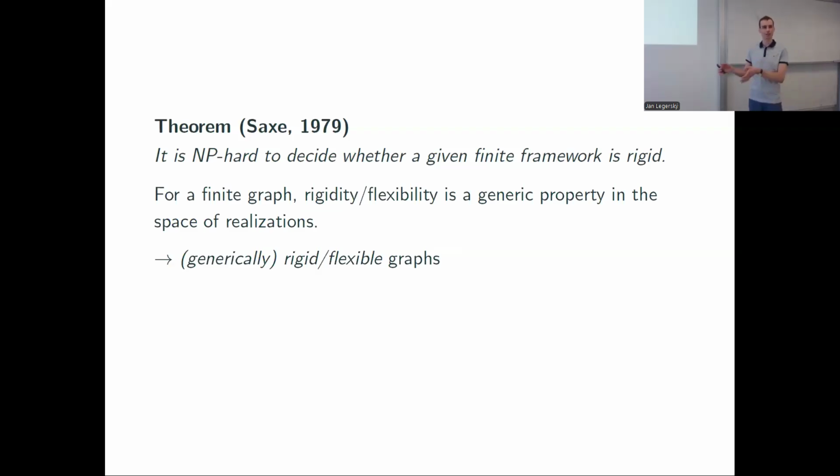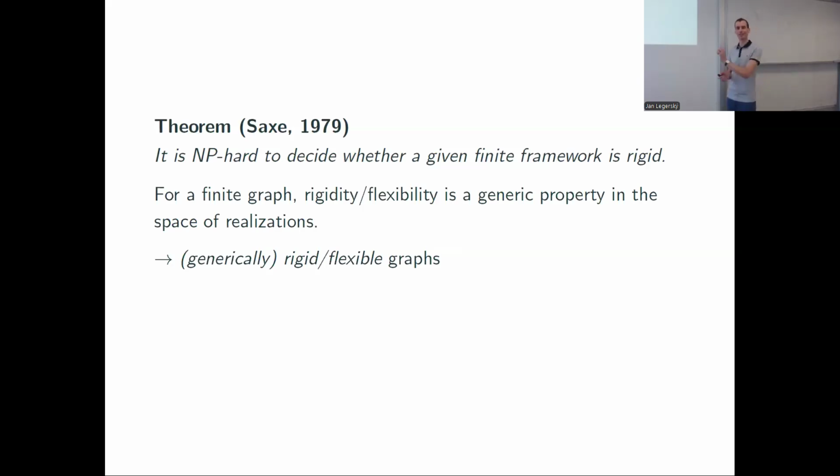So I can speak about a generically flexible graph, like the 4-cycle, or a generically rigid graph, like the triangles we've seen, that for almost all realizations I get a rigid realization. So I can somehow forget about the realizations, and assuming that the coordinates or the edge lengths are generic enough, I can just look at the graph and say whether it is rigid or flexible.